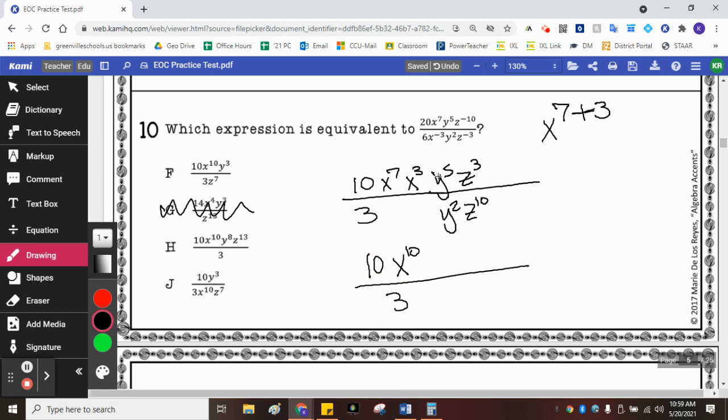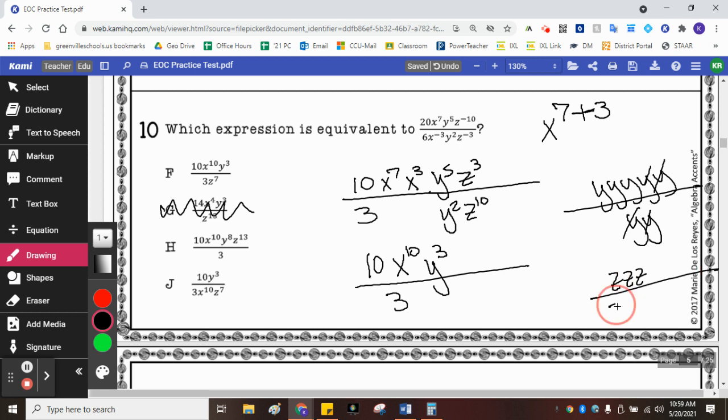If I have 5 y's on top and 2 y's on bottom, and you cross them out, how many are left? 3. Where are they? Top or bottom? Top. 3 on top. If I have 3 z's on top and 10 on bottom, and I cross them out, how many do I have left?